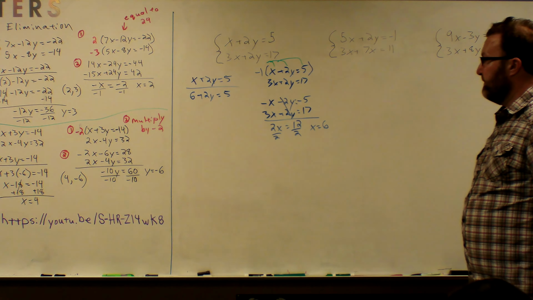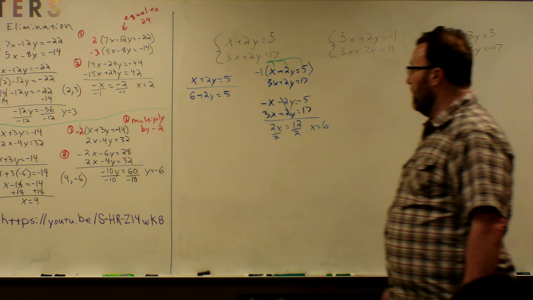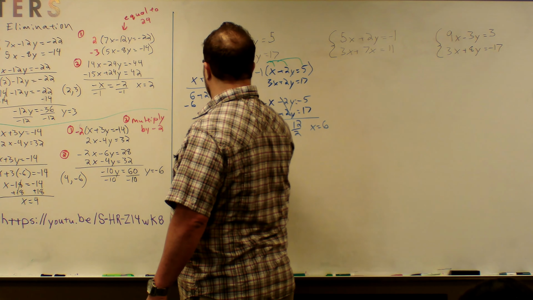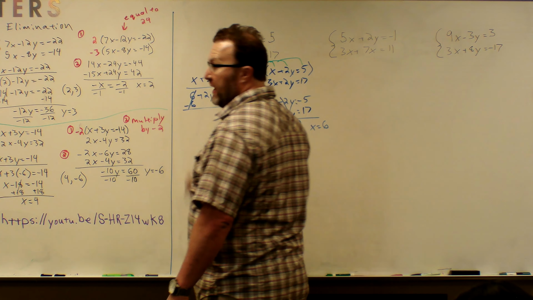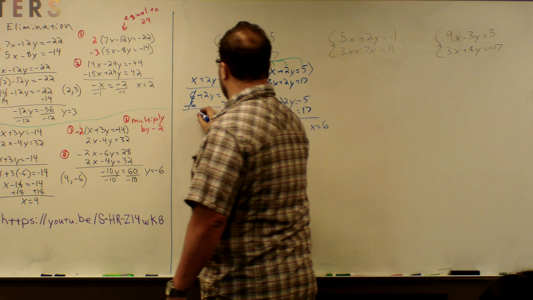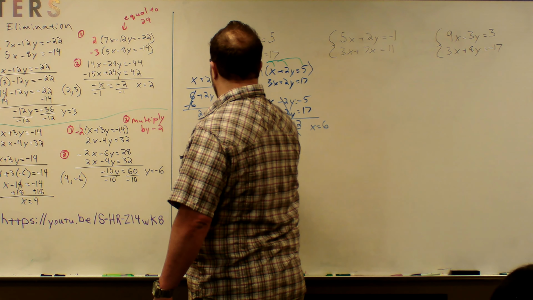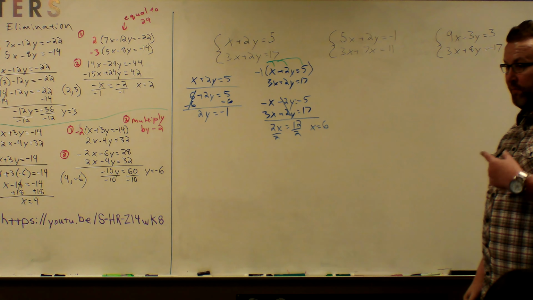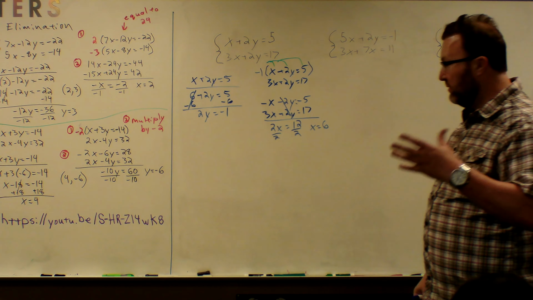Okay? Now we're going to solve. We need a 2y by itself, so Naomi says minus 6 from both sides. She's going to cancel this out, and then she's going to have 2y equals negative 1. Okay, typically this is where there's some confusion.